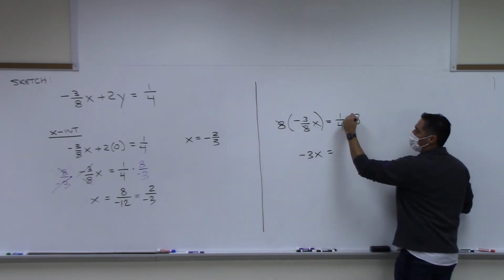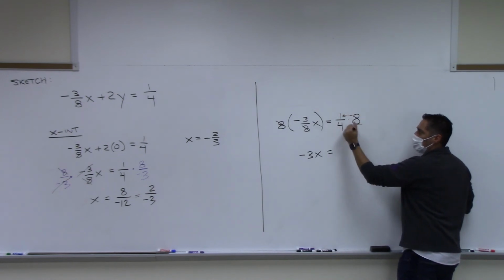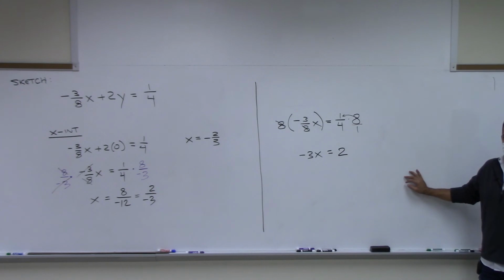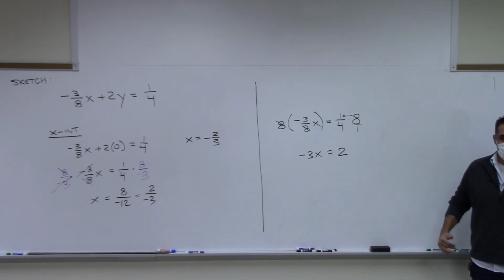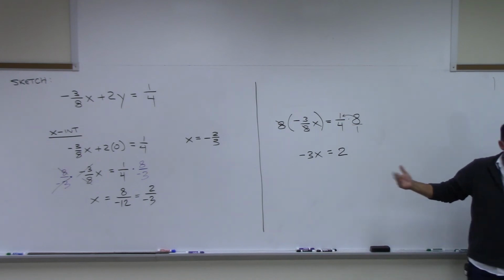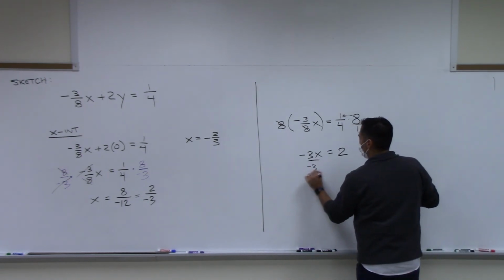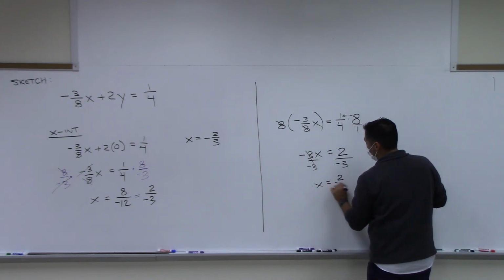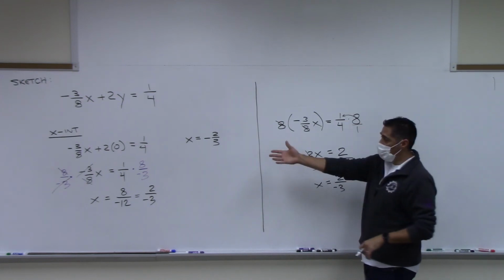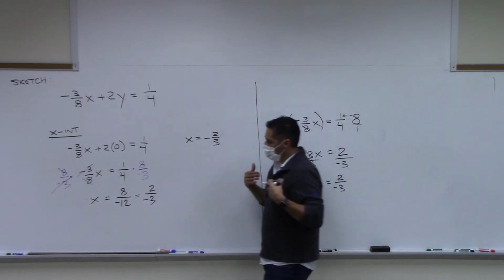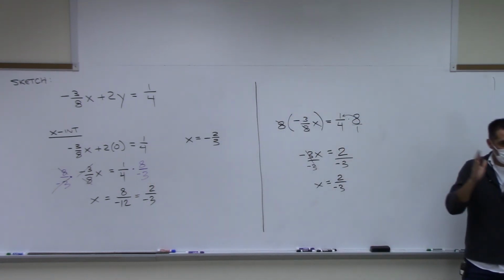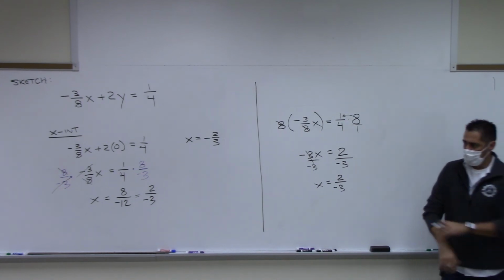Over here, the 8 goes on the top, because it's really like 8 over 1. 8 over 4, this is 2. You all see that? And now divide both sides by negative 3, and you get the same answer. You see that? I don't care which way you do it. Raymond, if it were me, I would do this, but this is more like what I showed you in class as far as following a procedure. Questions on that?